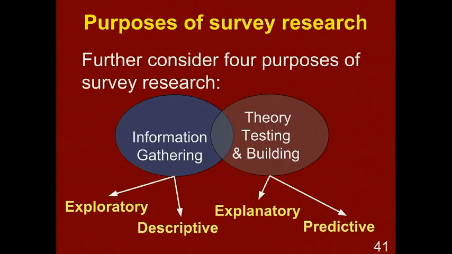When we divide theory testing and building, we can divide it into explanatory research, which is often correlational. Does this X explain Y? Are they related? And really the ultimate outcome, if you like, of good science and good theory is not just can we explain things, but can we predict things into the future.